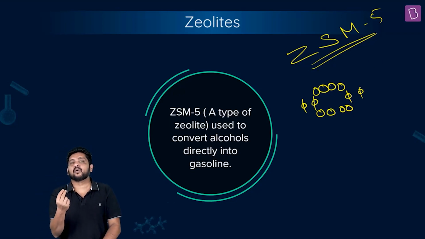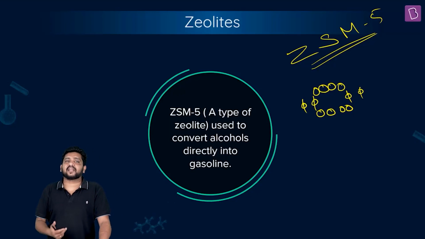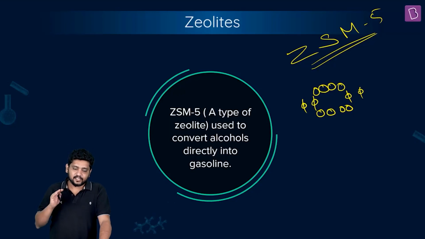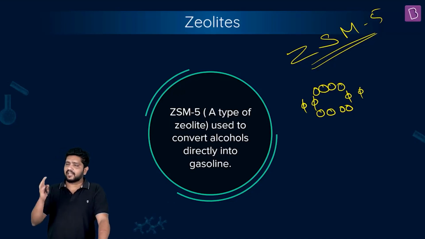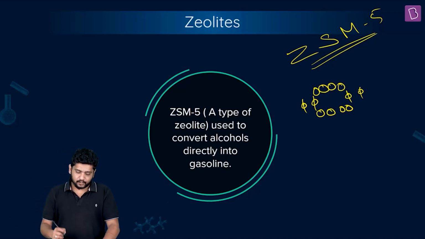There are these specific holes within a zeolite crystal structure, and they help a lot in catalysis, right? There are specific zeolites that can help you achieve a particular result, like conversion from one isomer to another. There are zeolites that perform very different tasks. So zeolites find a wide range of application in a lot of places.